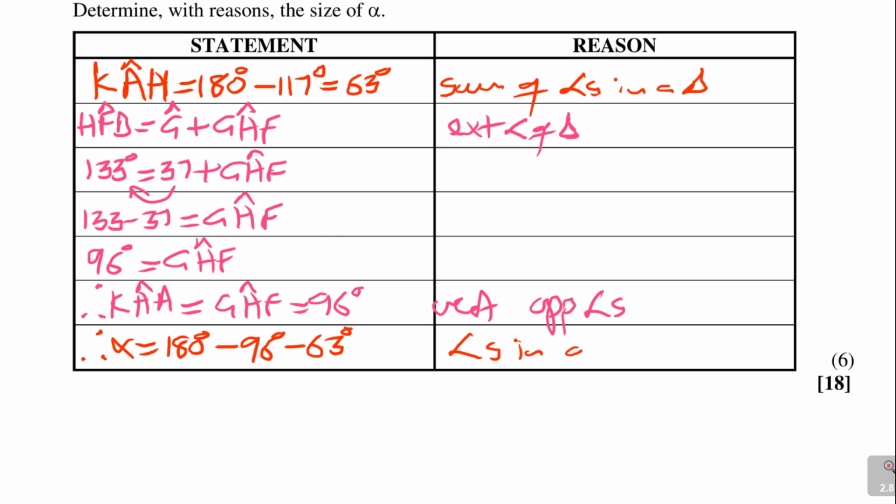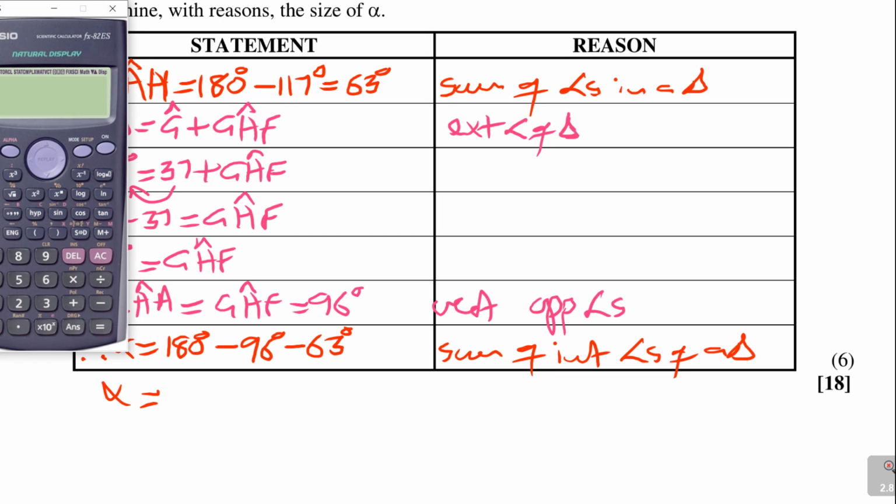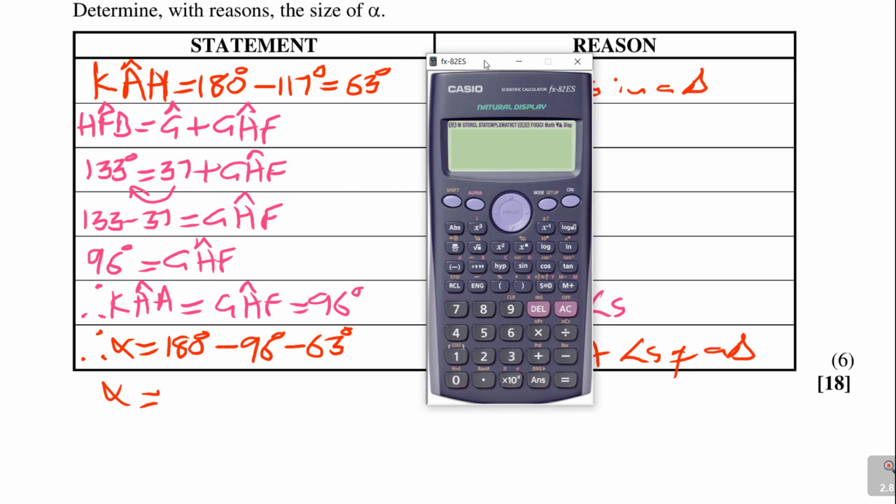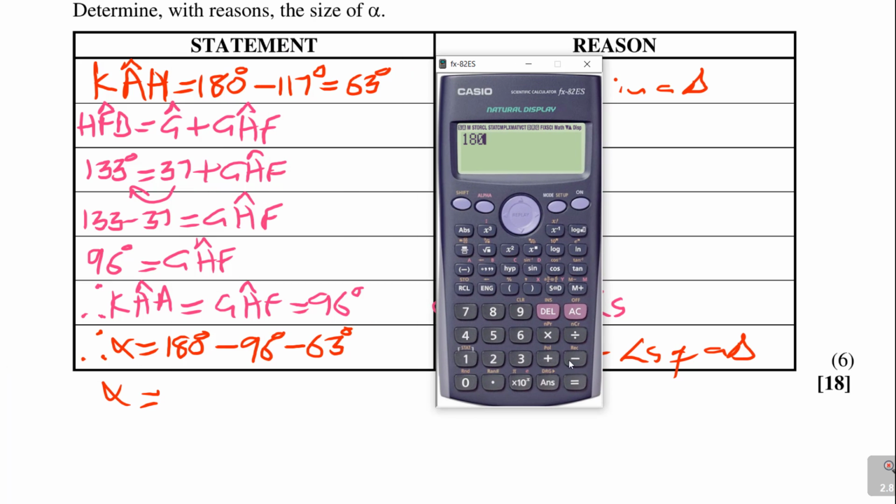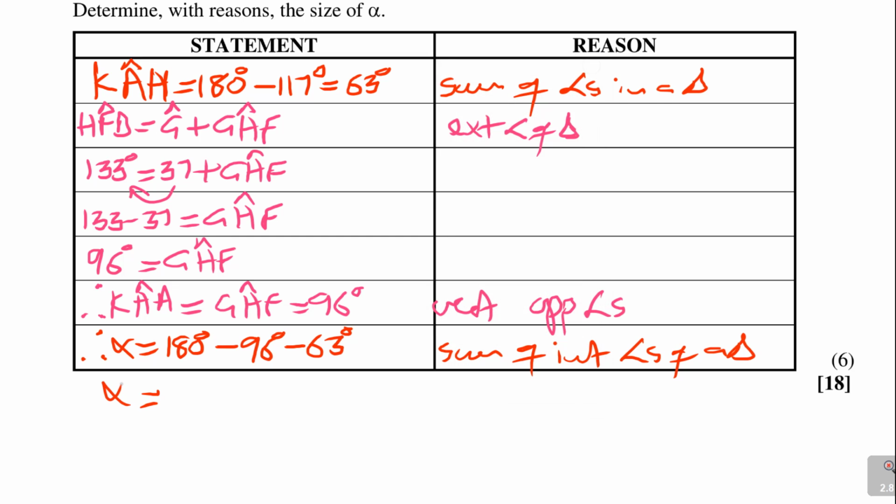Sum of interior angles of a triangle, just to be clear. Then what is your alpha? Your alpha then becomes 180 minus 96 minus 63, which is 21 degrees. All right, there is your alpha.